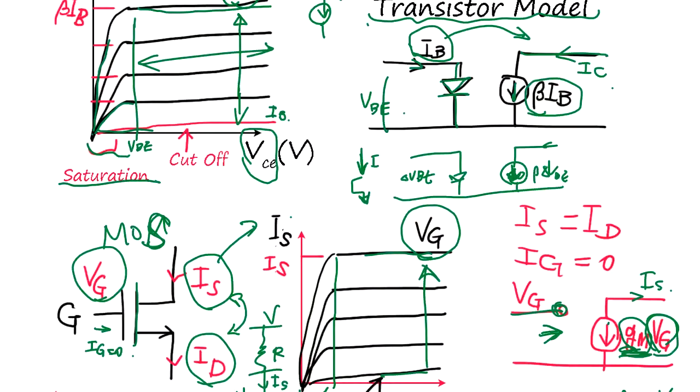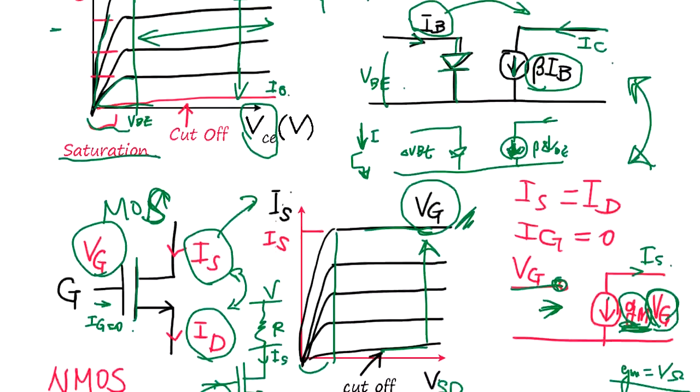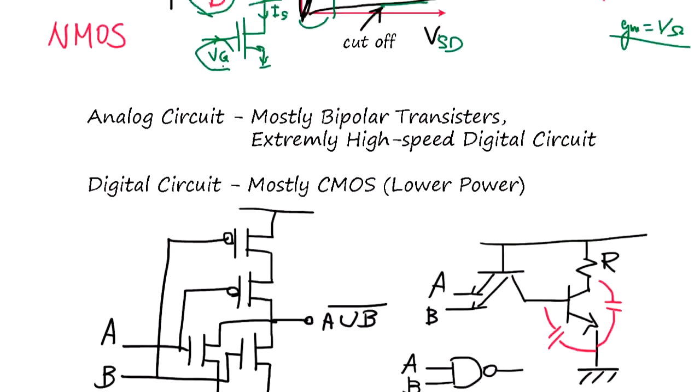How much current goes through the transistor is determined by IB, the current, in a bipolar transistor, but by VG, the voltage, in MOS. Okay, so as far as the characteristics of transistors go, as long as it's a transistor, it's very similar. It's just current driven or voltage driven. That's the way you remember it, right? That's the difference between bipolar and MOS.